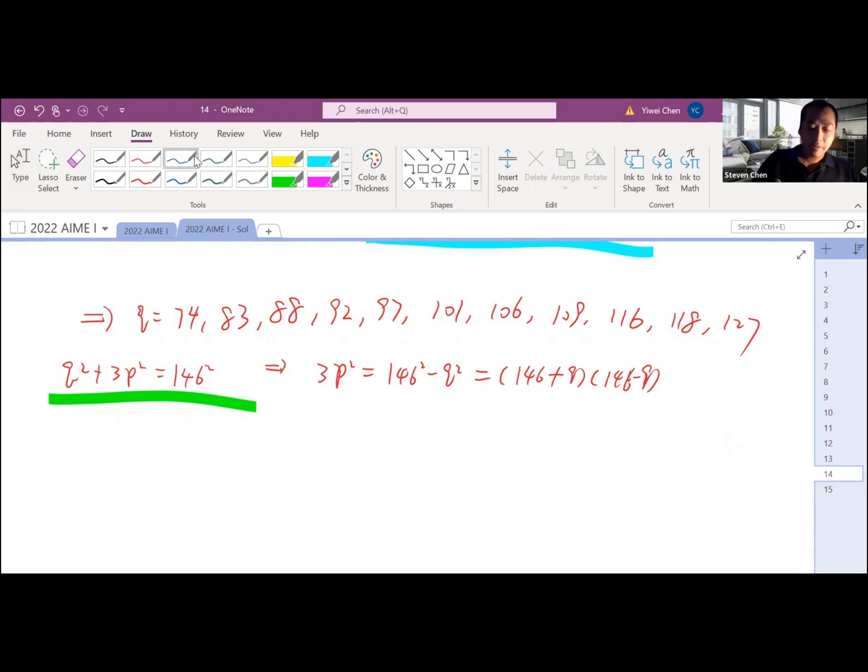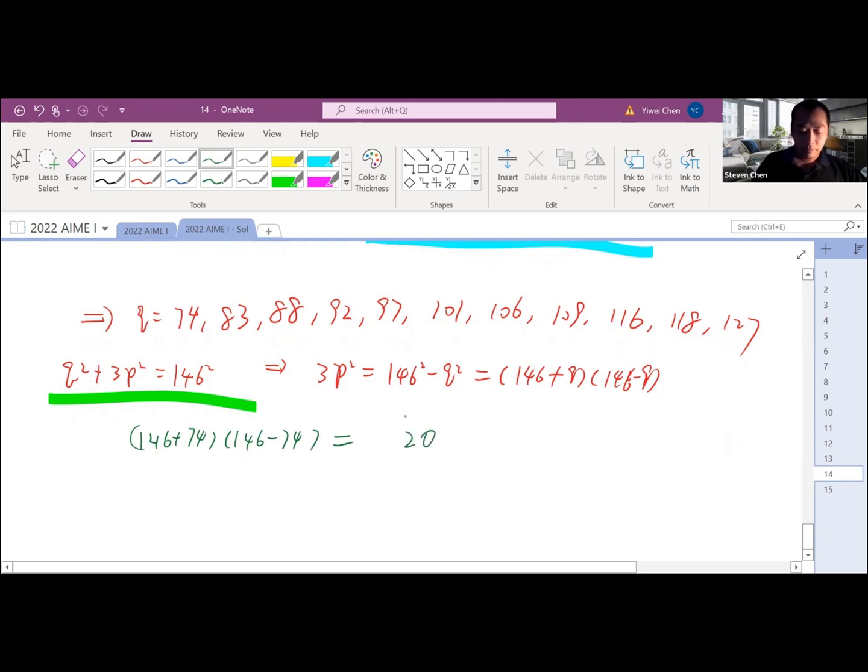So let's try the right-hand side. The first term is equal to this one. The second term is equal to this one. You don't necessarily have to compute out the product. Just do the prime factorization. You can easily observe that the first number, 220, has a prime factor 11, so 11 appears with multiplicity just 1.